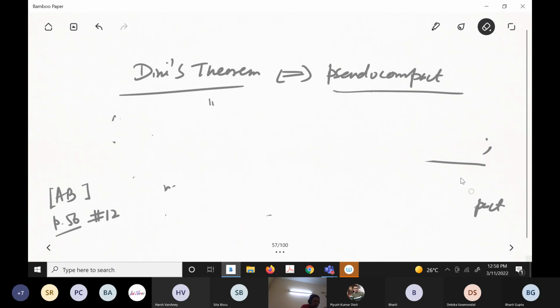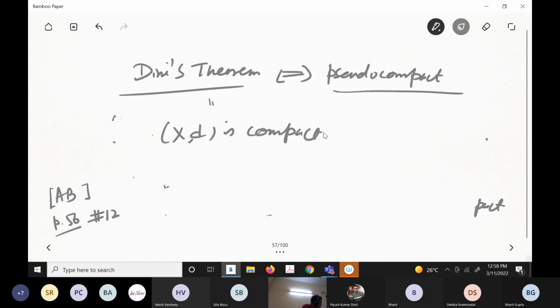This problem is saying show that a metric space is compact if and only if every real valued continuous function attains a minimum value.